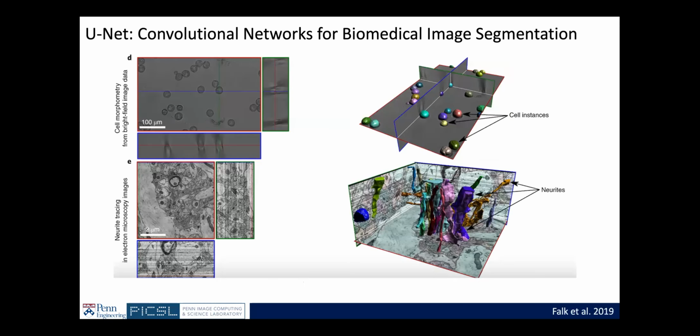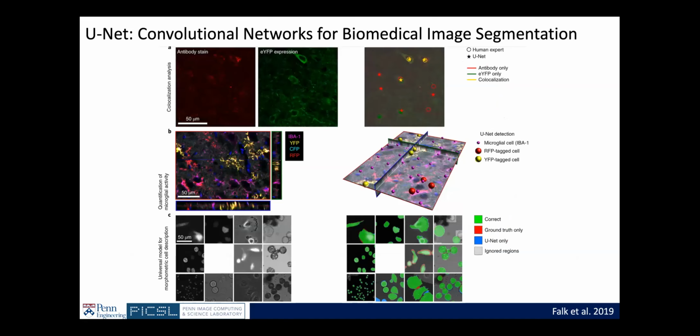Some more examples of where UNet has been applied in the literature. These are microscopic cell images. These are some neurites, and all the segmentations that you see on the right are in 3D. Some more examples of stained cells and microglial activity.